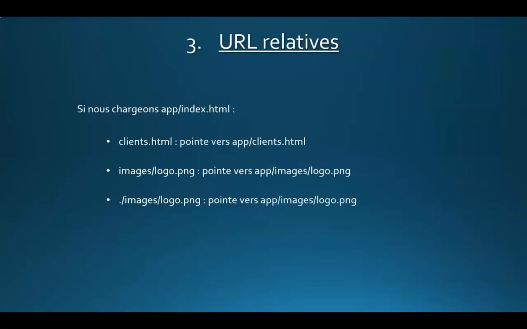Now, if we put a dot in front of it, so ./images/logo.png, it will always point to app/images/logo.png. It will be exactly the same. On the other hand, if we put two dots before, so ../home, for example, there we will point to home.html. In fact, the two dots take us out of a level, or a folder.